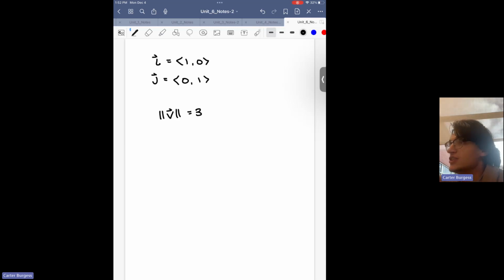So whatever operation that we do to this, we need to make sure that it doesn't change the way it's facing, but also that it reduces the magnitude from 3 down to 1. What could I do here? How can I modify this original vector v?